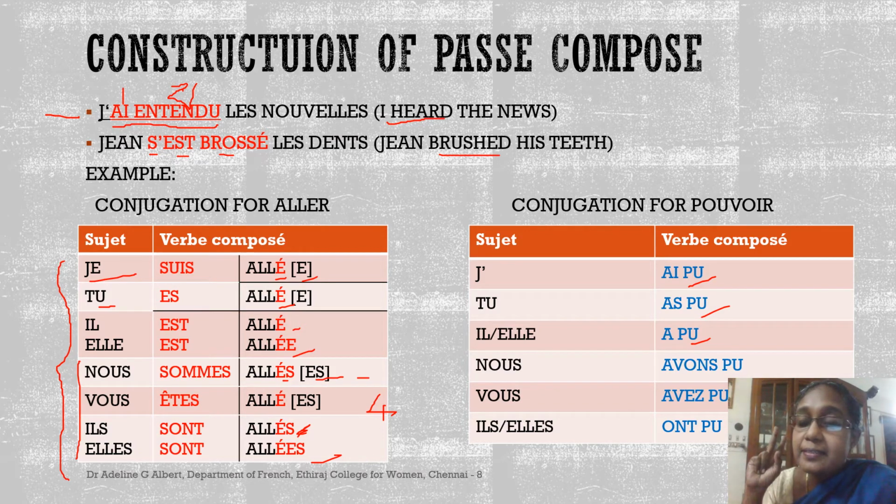All verbs that are synonyms of aller, which means to go, partir, sortir, are conjugated with être. And verbs that are synonyms of venir are also conjugated with être. Alright? Now, with these special verbs, if your subject is feminine, you add an extra e. And if your subject is plural, you add an extra s. Is that clear? Okay.